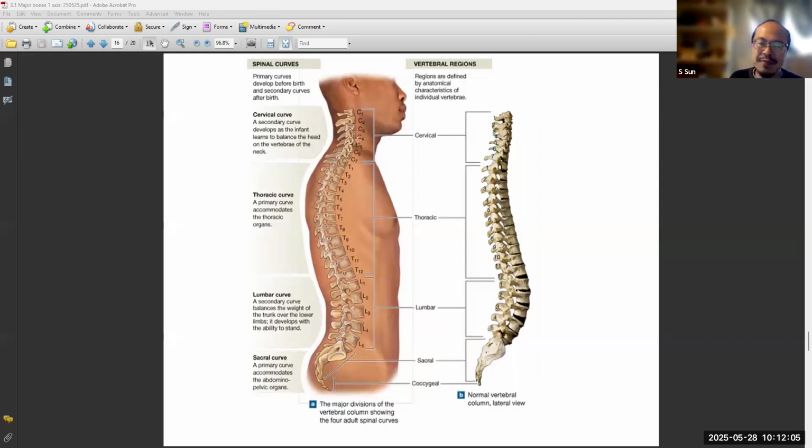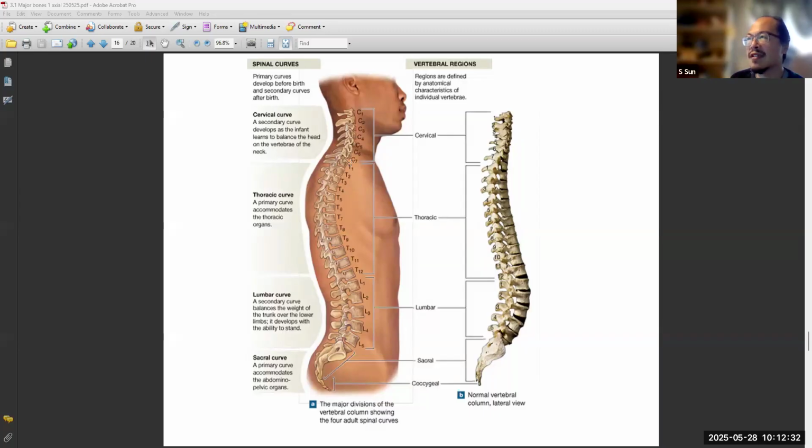Cervical is C. This is very common: C1 to C7, T1 to T12. It's very common for the doctor to describe the location based on the number of the vertebra. So say C1 region, C6 region, C7 region, etc. So you need to know the number.